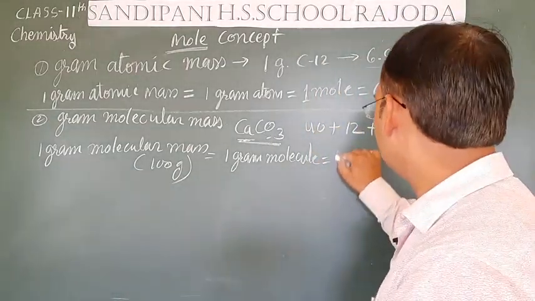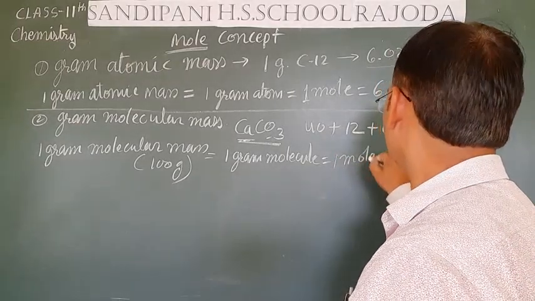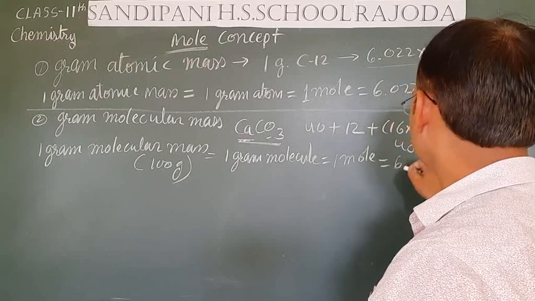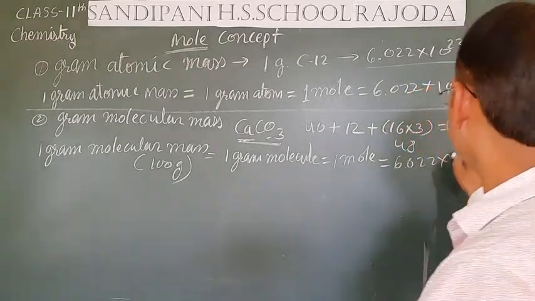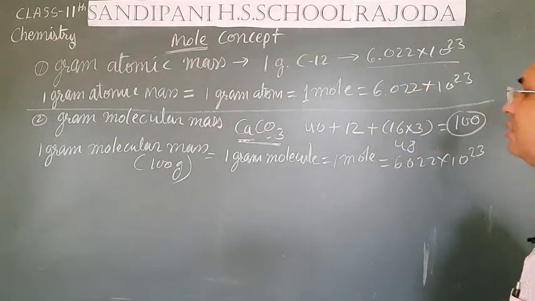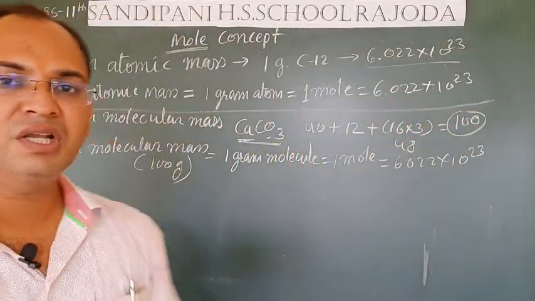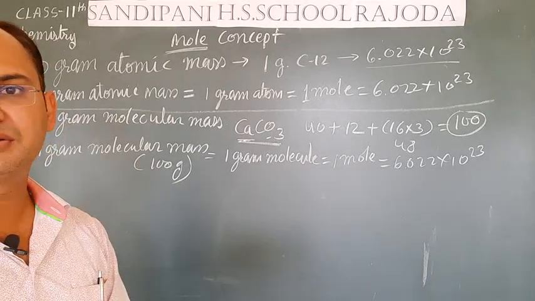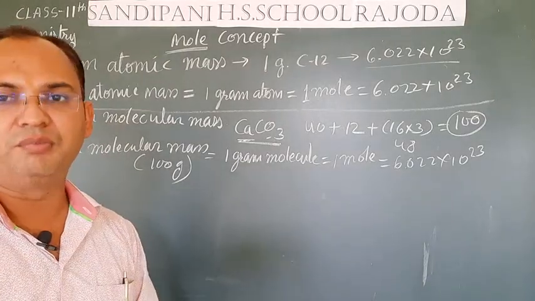So this is also called 1 mole, and it is also equal to 6.022 into 10 to the power 23. This is the relation between gram molecular mass and mole.